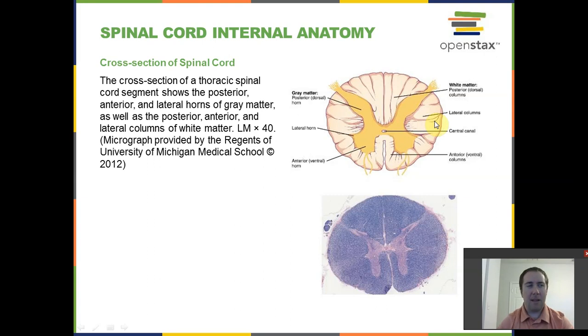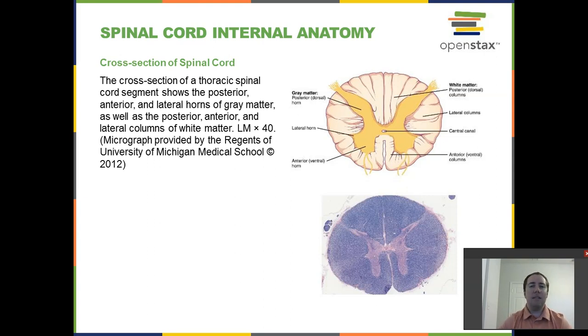Now, something that's going to come up, I don't think it's in a slide later on, but it will come up in the lab, is what direction signals run in different parts of the spinal cord. Now, this is not a hard and fast rule, but it is close enough that for this class, you can think of it as a hard and fast rule.